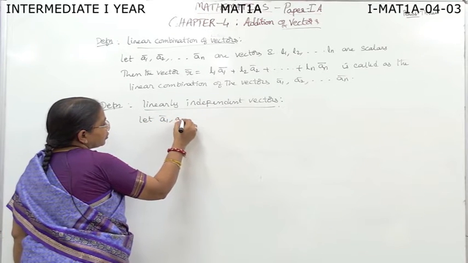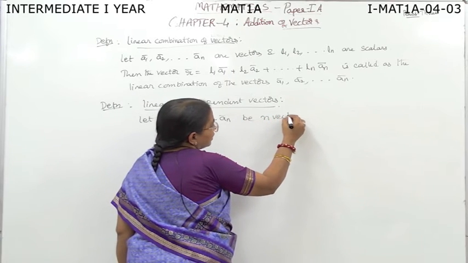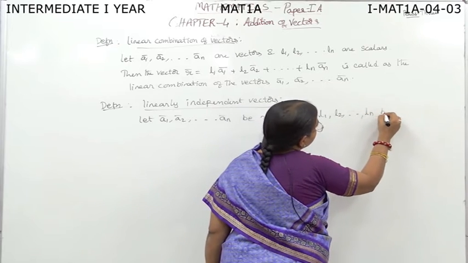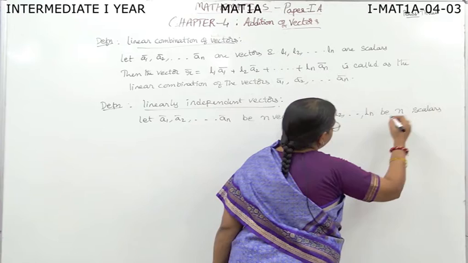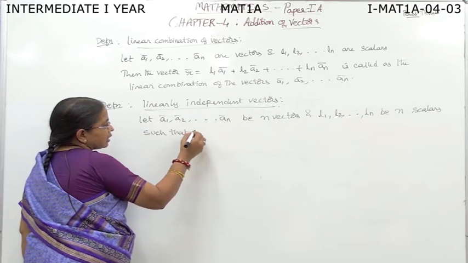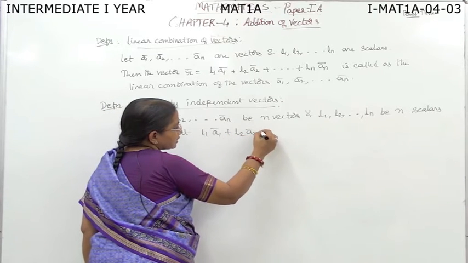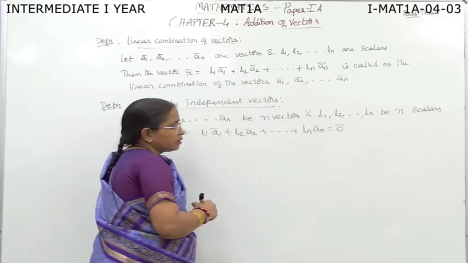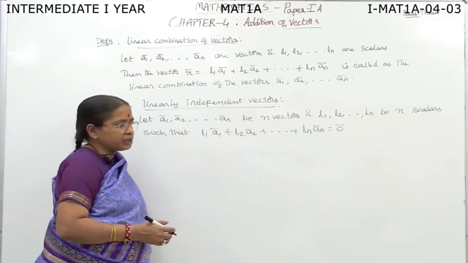Let a1, a2, so on, an be n vectors, and l1, l2, so on, ln be n scalars such that l1a1 plus l2a2 plus so on plus lnan is equal to 0.